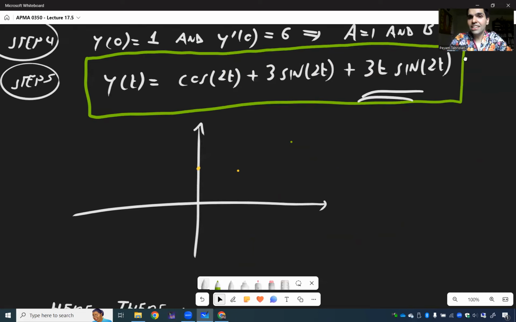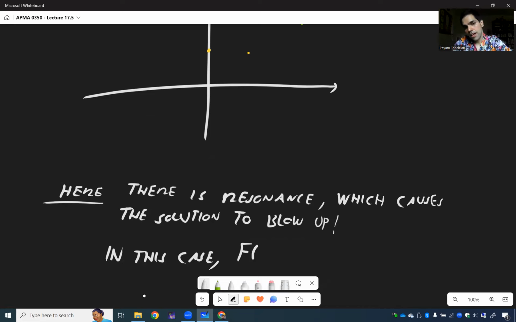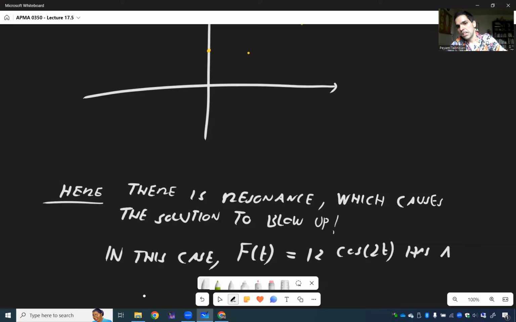As t goes to infinity, 3t sine of 2t goes to plus minus infinity in some sense. So what's the moral? In this case, the forcing term, f of t, which I think was 12 cosine of 2t, has a big effect.